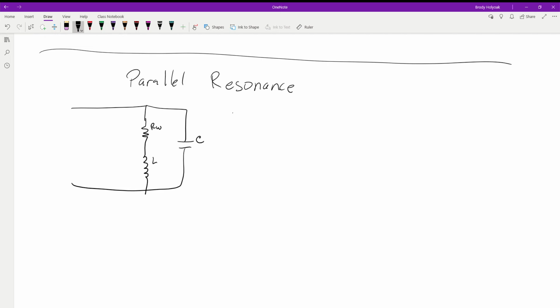So one of the things we have to do is separate this out, so we have just the inductor and just the capacitor in parallel. That is our tank circuit, just pure inductance and pure capacitance. So we have to mathematically remove the winding resistance from the series and give it a parallel equivalent.